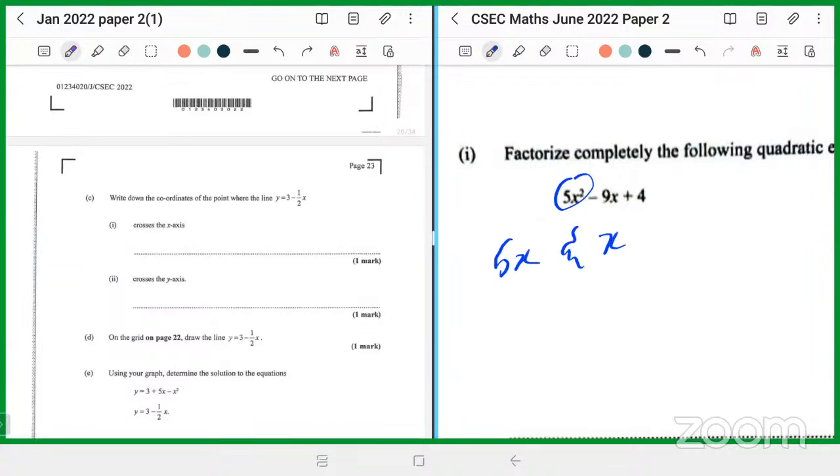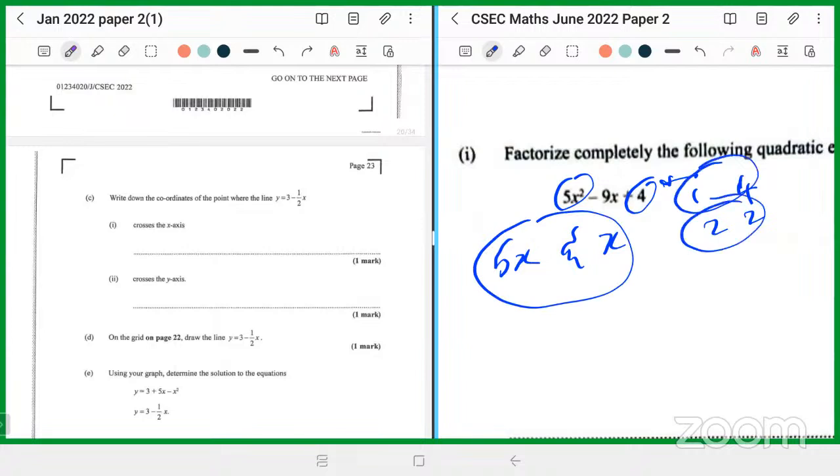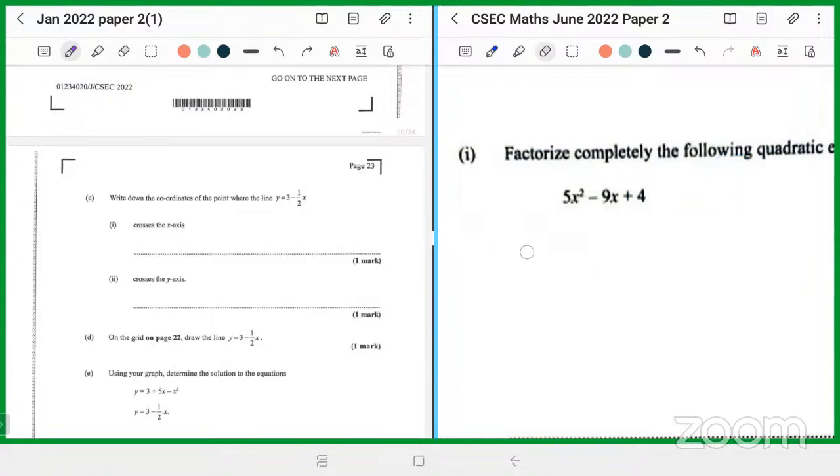But 4 can have factors 1 and 4 or 2 and 2. So it's not so difficult, because it's 5x and x for sure. Then it's either 1 and 4 or 2 and 2. And remember, you're using the values such that your far product and your near product give you the middle term.